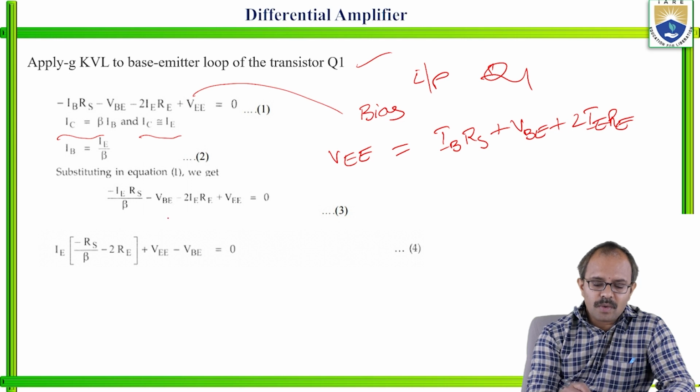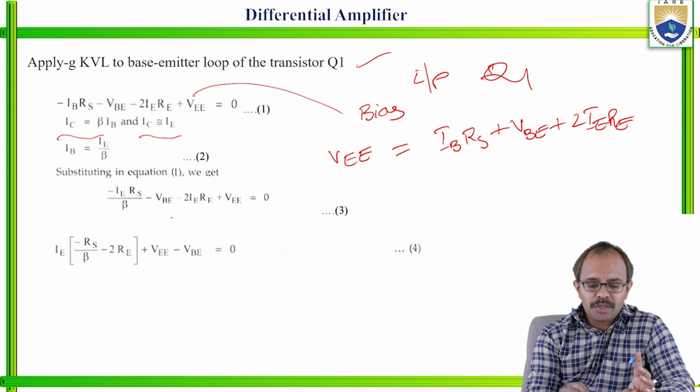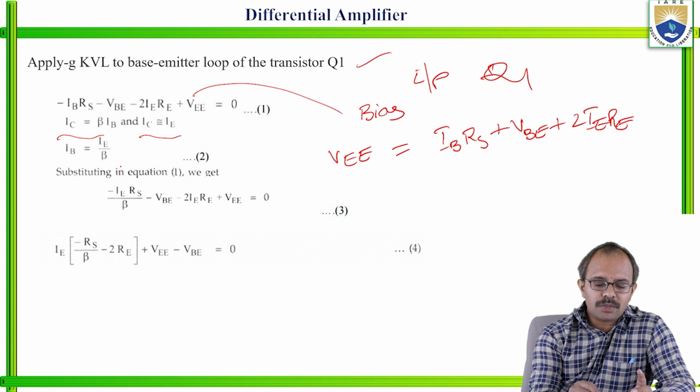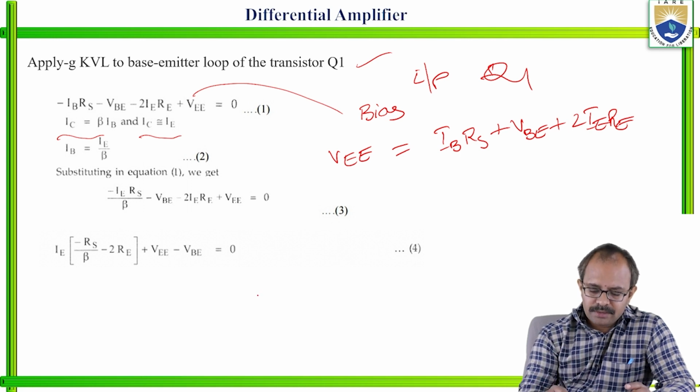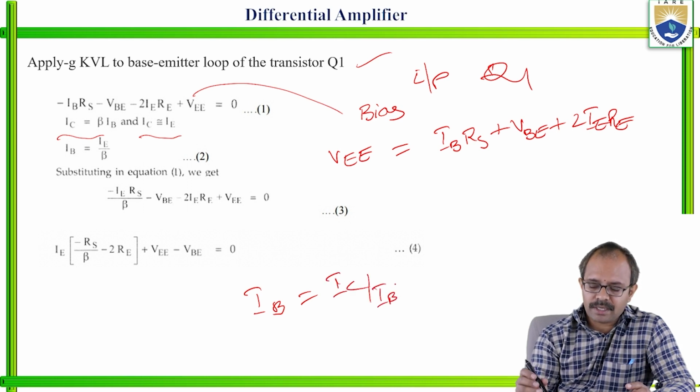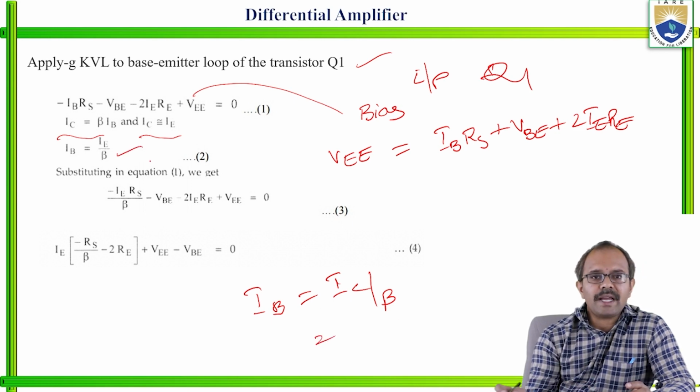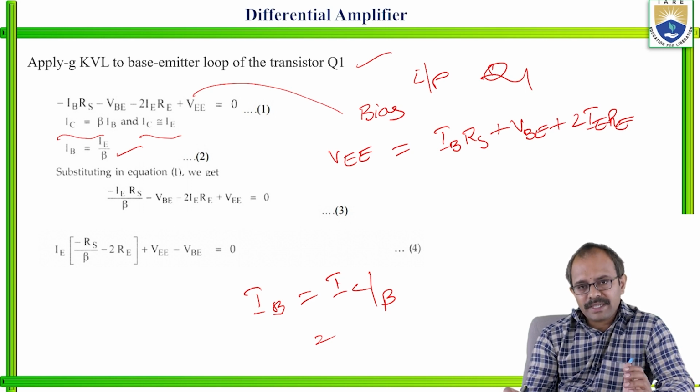We have IC equal to beta IB, and you can extract IB out of this equation: IB equals IC by beta. We said IC is approximately equal to IE, so we can write this as IE by beta. So IB can be re-represented as IE by beta.